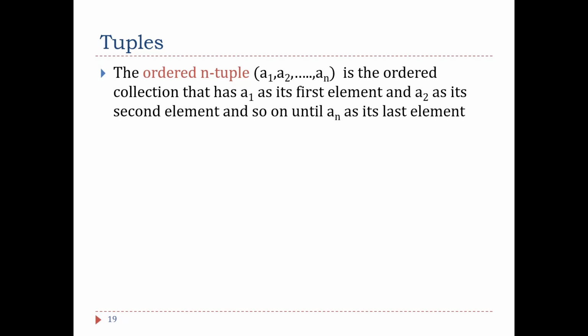Sometimes we want to define a certain order on the elements coming from a certain set or multiple sets. To do so, we use this parenthesized notation, and we talk about ordered tuples of size n, or of arity n. We use parentheses and commas to separate these elements. It's the ordered collection that has a1 as its first element, a2 as its second element, and so on until an.